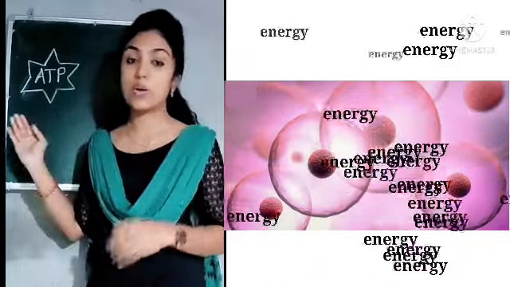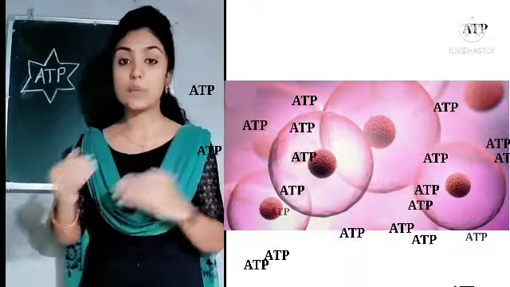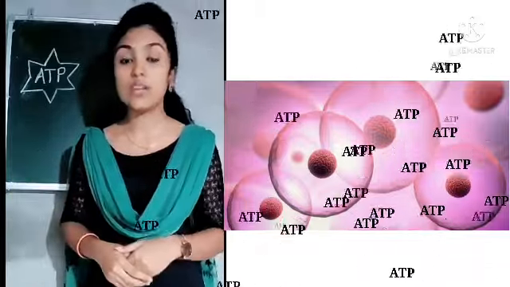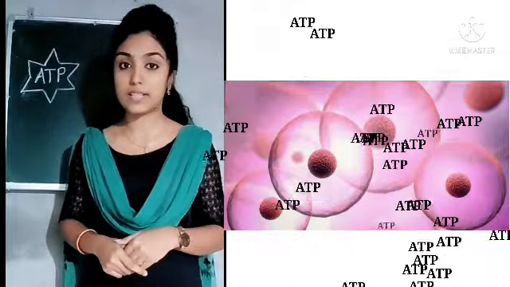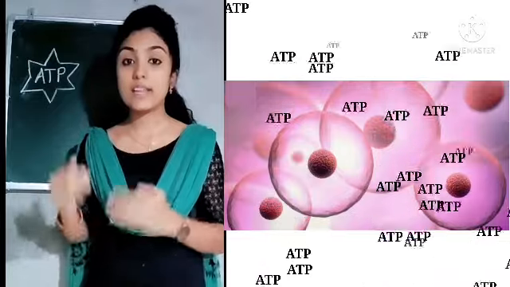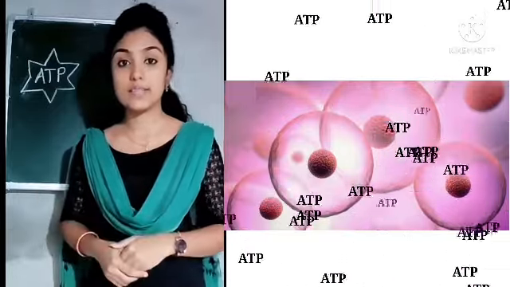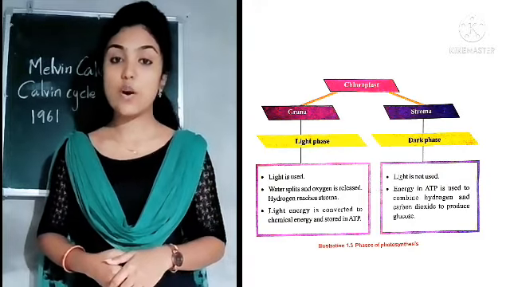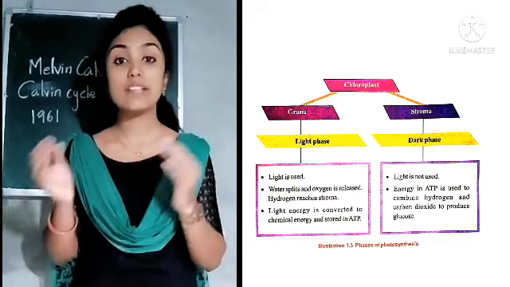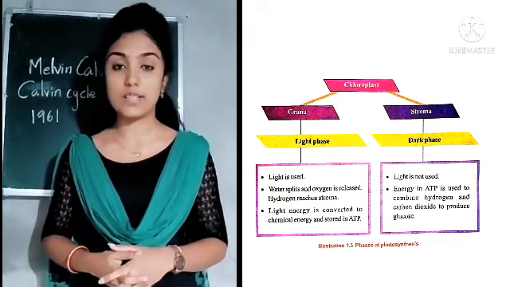This ATP, or adenosine triphosphate, provides continuous transfer of energy to cells for carrying out various metabolic activities. So this is the reason why ATP is known as the energy currency of cells.